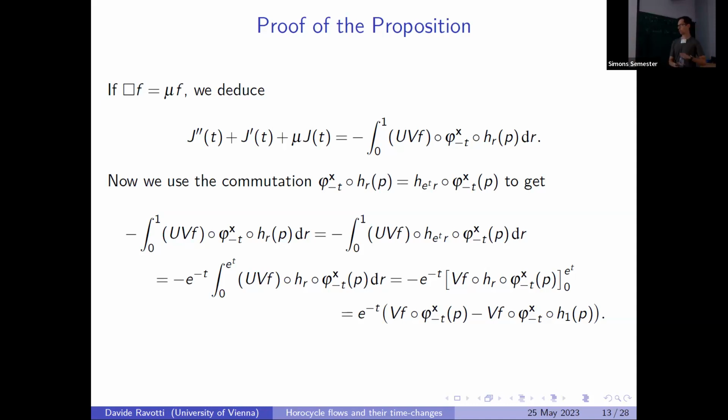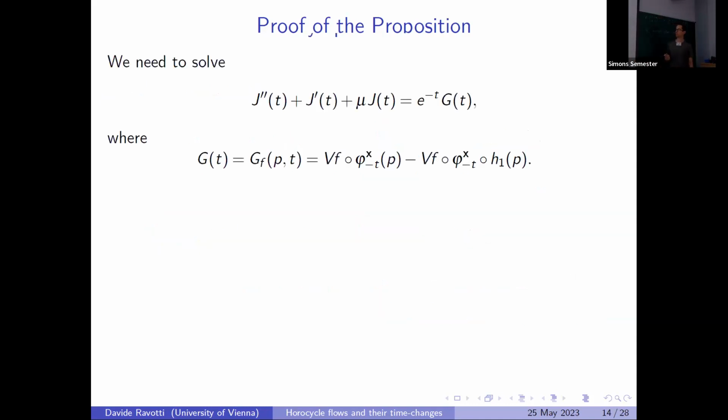So it was a computation, but I think it tells us a lot about the function j now, as you will see. So what have we found?